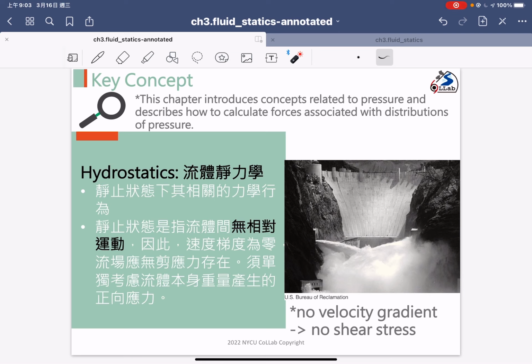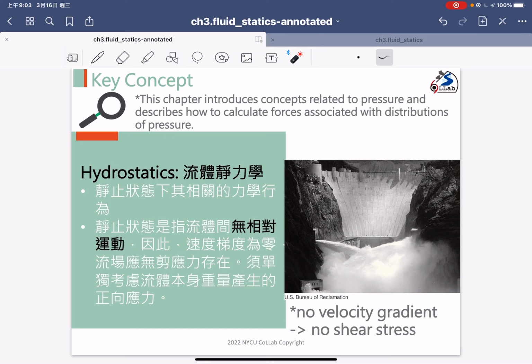So if we have the shear stress, that means there is somehow a velocity gradient there. Okay? But in this chapter, we neglect the viscosity effect. So we don't have the velocity gradient, so there is no shear stress.